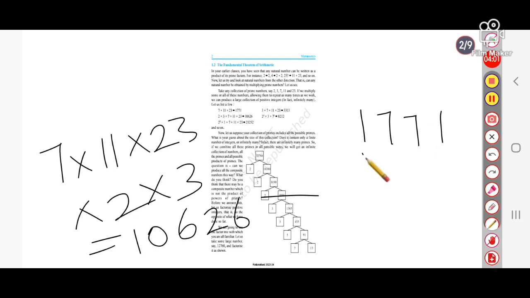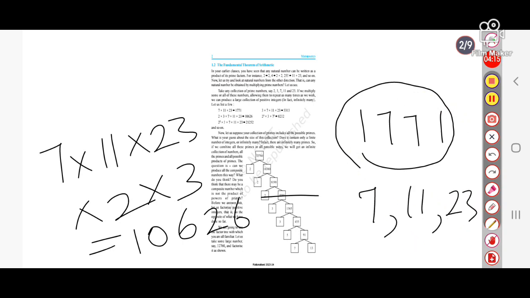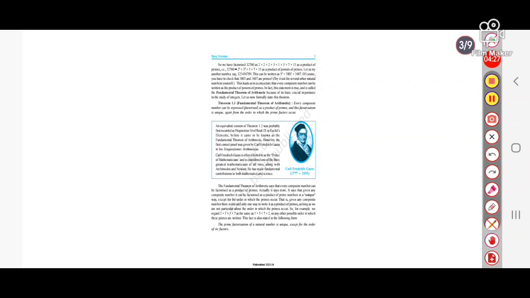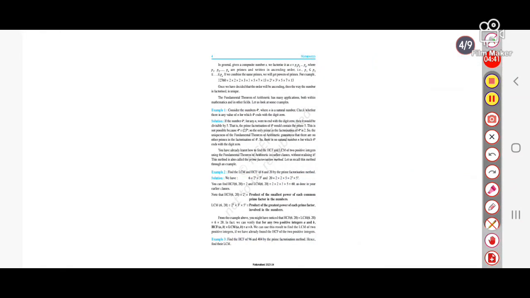This is the inverse of the multiplication: when we factorize the resulting value, we get the prime numbers which we multiplied before. So this is one of the fundamental theorems of arithmetic.